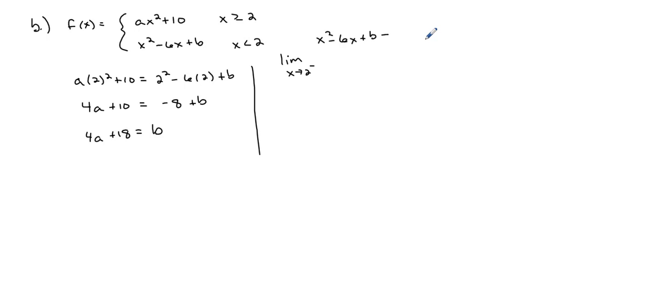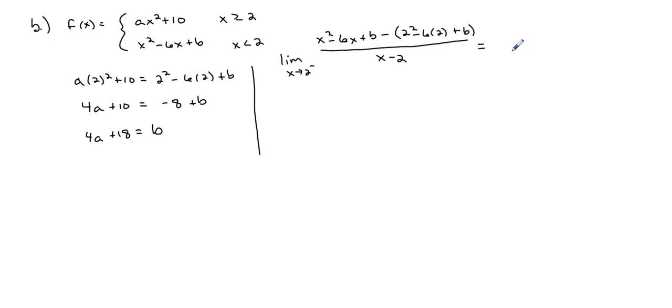What is f of 2? Well, that's just going to be 2 squared minus 6 times 2 plus b, all over x minus 2.